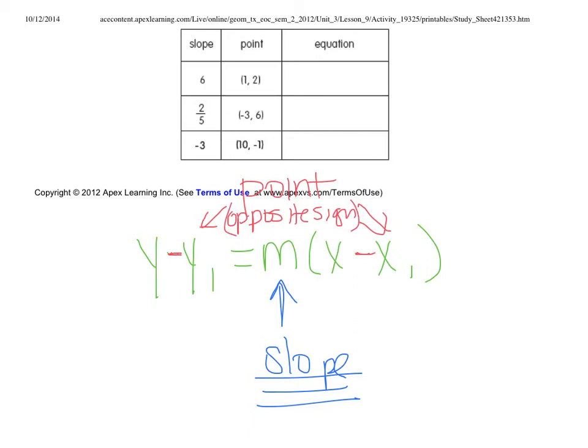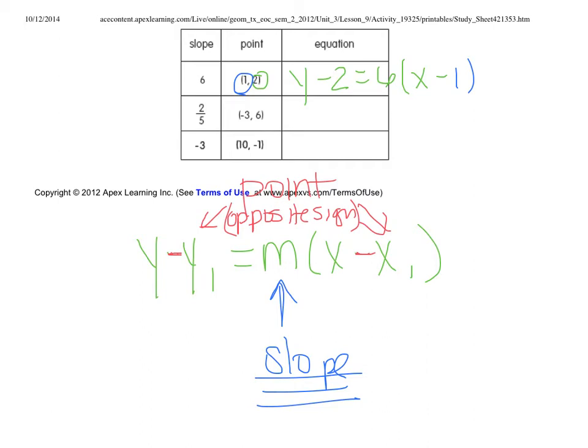So in point slope form, this first one with a slope of 6 and a point of 1, 2 is going to be y minus, and my y value here is 2, equals, m is my slope, which is 6, times x minus my other value, which is 1. So looking at the next one, it says my slope is 2/5, my point is -3, positive 6.